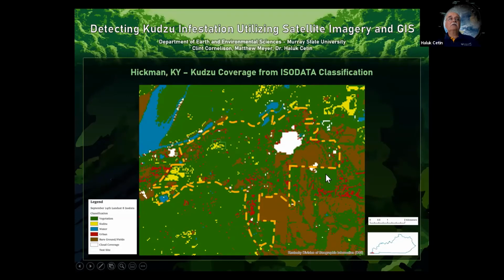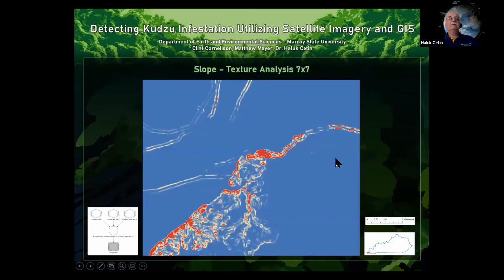After the classification, of course, there were false alarms as well. This is one of the results, and the Kudzu areas are in yellow. There were some clouds which caused problems, and the ISO data classification itself wasn't really helpful. There were several false alarms, so what we did was include a digital elevation model and texture analysis.